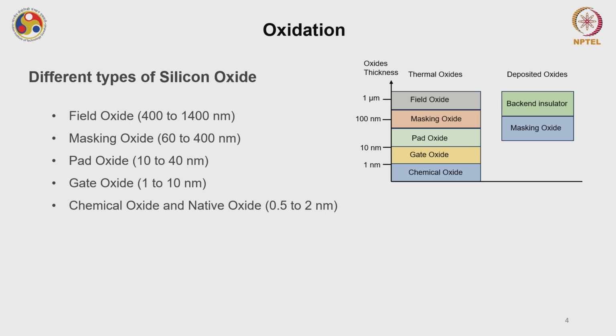For masking and so on you need silicon oxide itself, with a thickness of around 60 nanometer to 400 nanometer or so. So you not only need silicon oxide, but you also need it in various thicknesses. You should ensure that whatever method you adopt for the growth of this silicon oxide, you have control over its thickness.